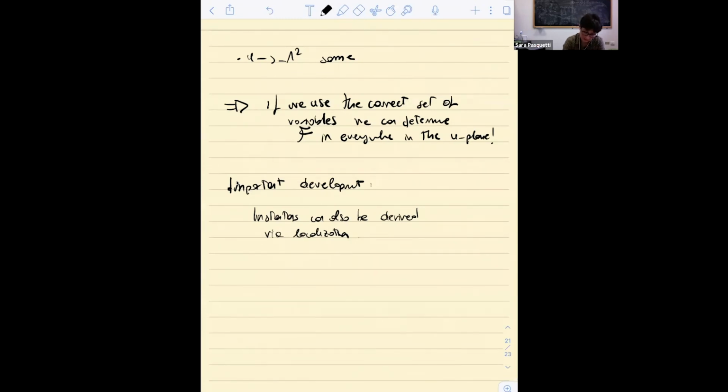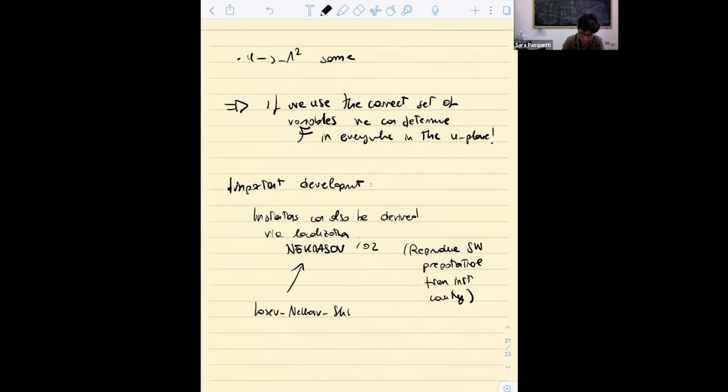And this is the result by Nekrasov from 2002. Basically, he reproduced the Seiberg-Witten prepotential from instanton counting. And of course, this result did not come out of the blue. There was previous work by people like Losev, Nekrasov himself, and Shatashvili, and also work with Moore by the same people, where they were preparing the field for this development.